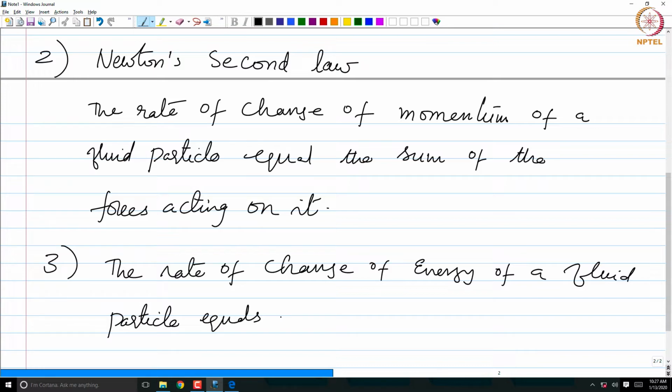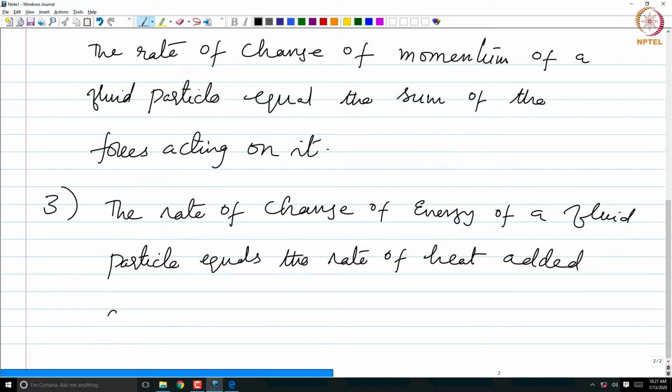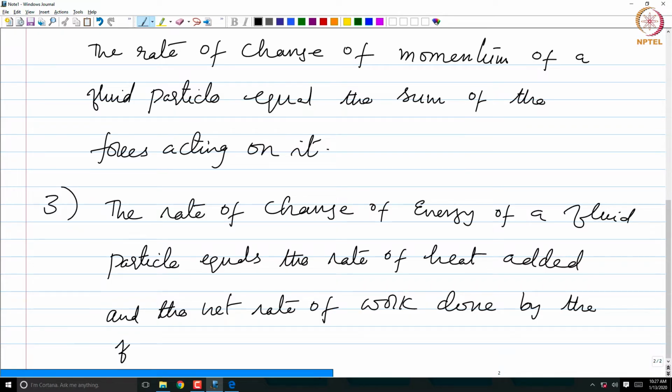Equals the rate of heat added and the net rate of work done by the fluid particle. So this is conservation of energy, which is also a law of thermodynamics, right? Which law of thermodynamics is this? First law, okay, this is the first law of thermodynamics.